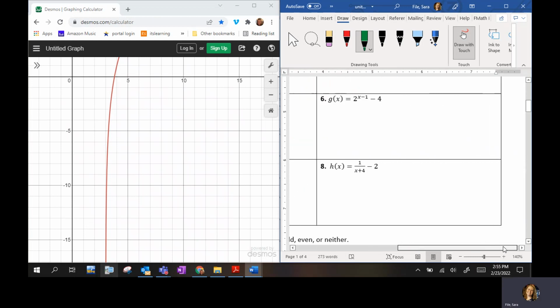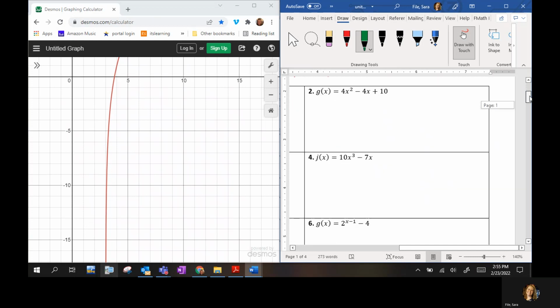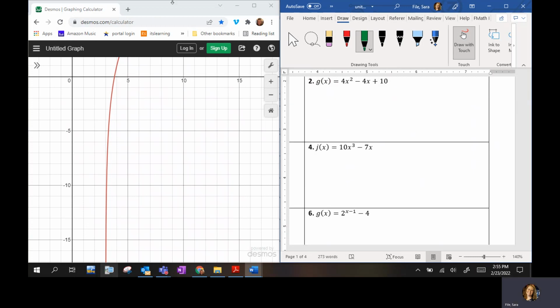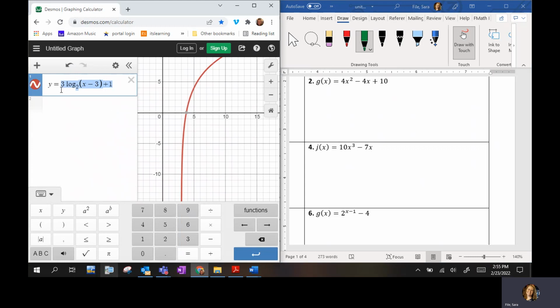Let's go to this other column. No other logs. Okay, so we've got a quadratic now. I actually probably should have put in the instructions here to identify what type of function it is, because you need to be able to do that as well.